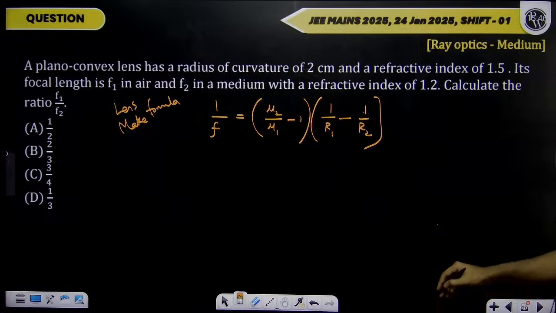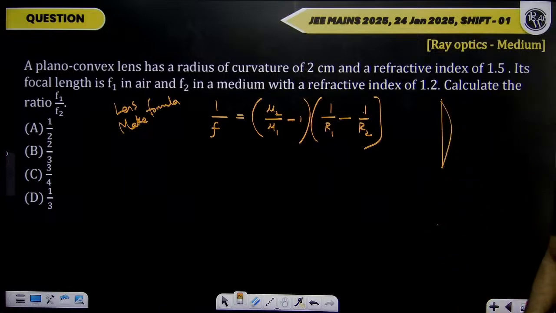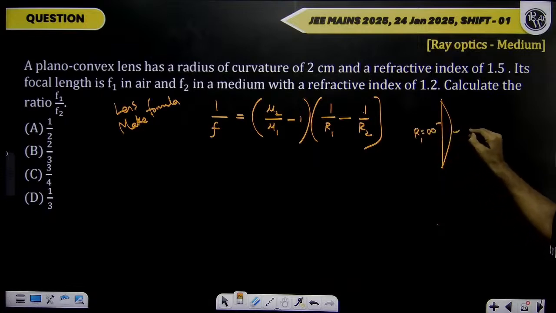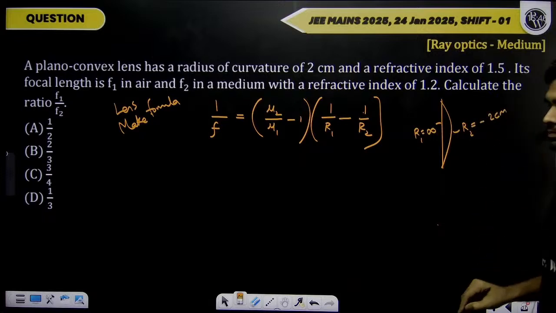Here they are saying it is a plano-convex lens. Plano-convex lens, r1 is infinite and r2 is minus 2 cm. Right?